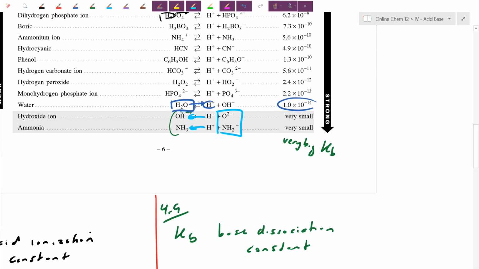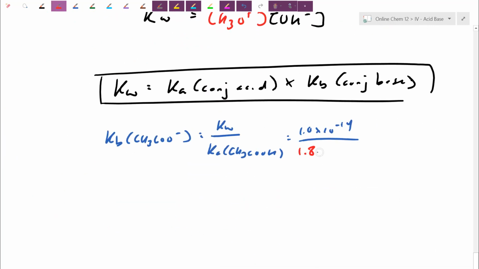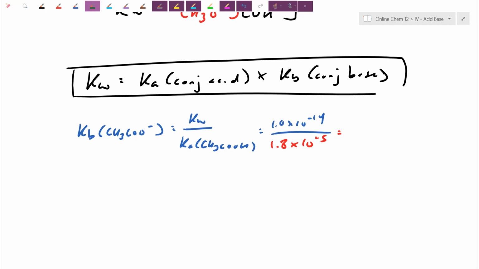I divide by 1.8 times 10 to the negative 5. Just look it up on the table. Therefore I have 1e negative 14 divided by 1.8e negative 5. This gives me 5.6 times 10 to the negative 10.